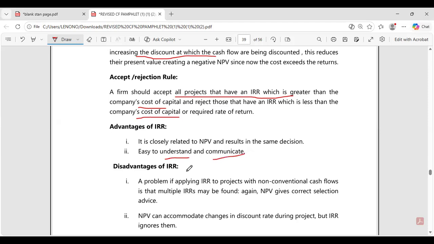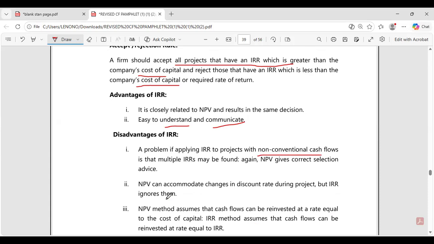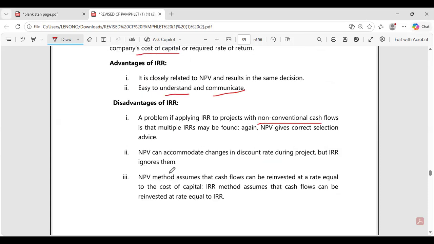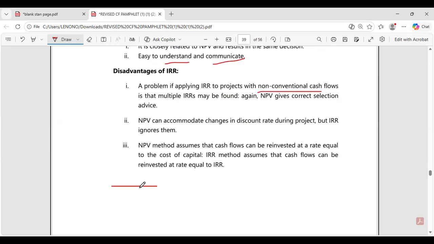The disadvantages of internal rate of return. A problem is applying internal rate of return to projects with non-conventional cash flows, and it also depends on NPVs for it to be computed, and it uses two rates. These rates are obtained by trial and error.